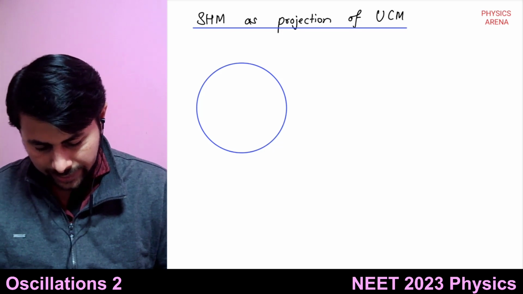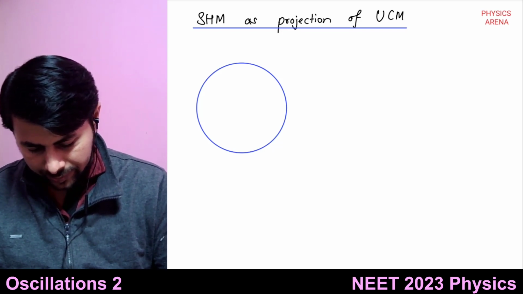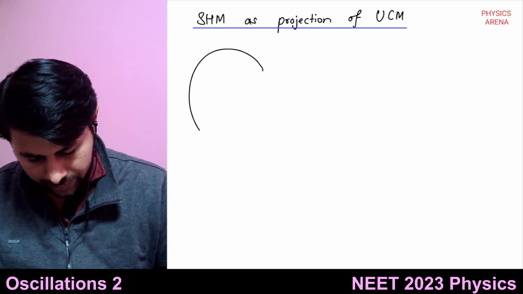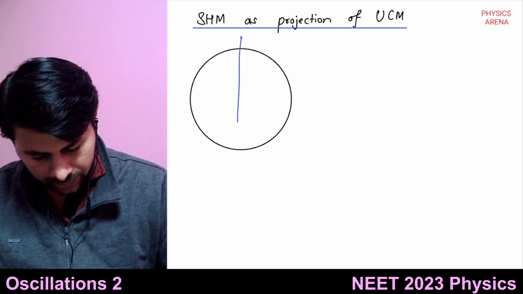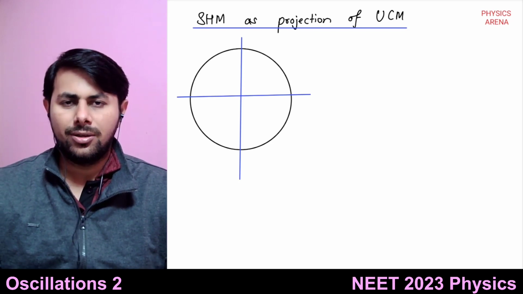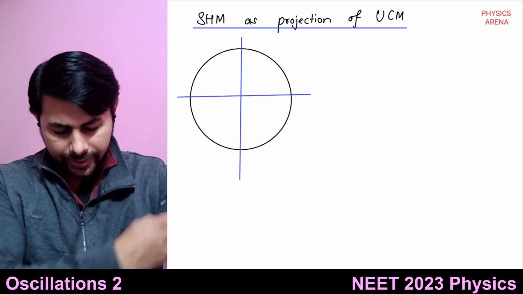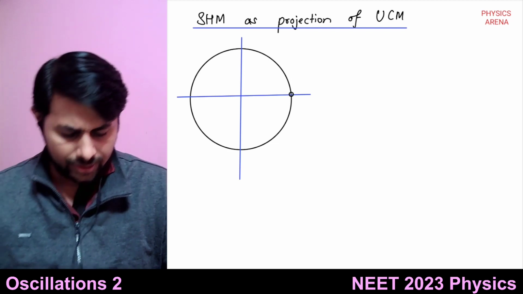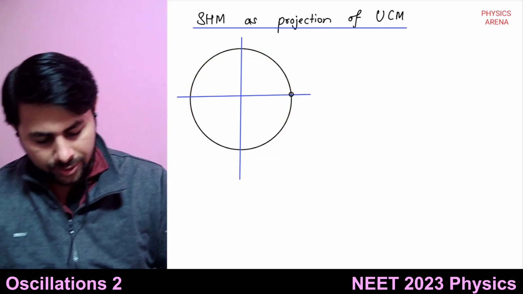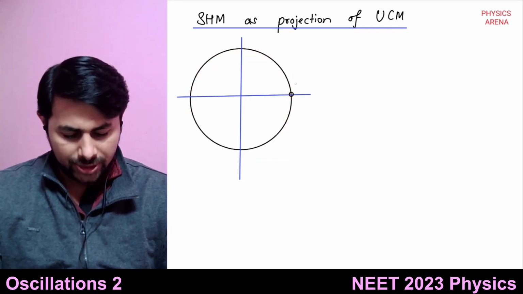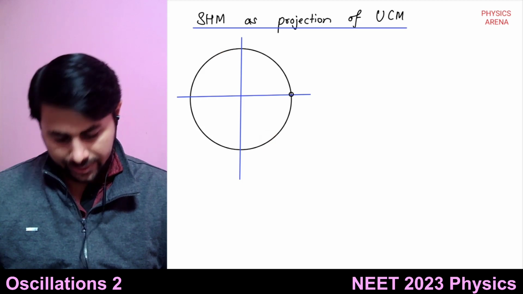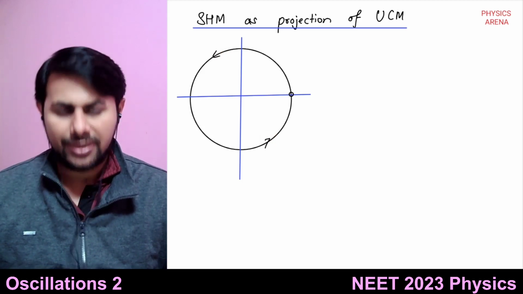Okay, so suppose this particle starts from this position and it moves along the circumference of this circle in anti-clockwise sense. Okay, it moves in anti-clockwise sense.